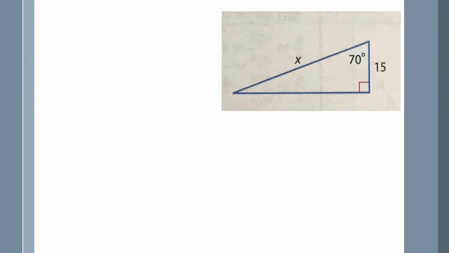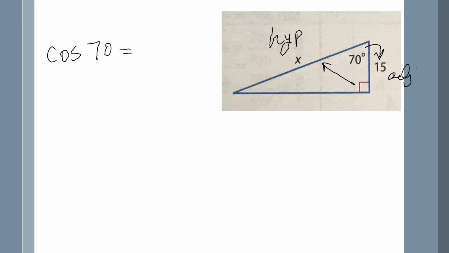Okay. Let's do another problem. Label the parts again. I have a hypotenuse here, right? It's opposite the right angle. 15 is right next to 70, so that's the adjacent. So what am I going to use? I'm going to use cosine. So the cosine of 70 equals the adjacent 15 over x.